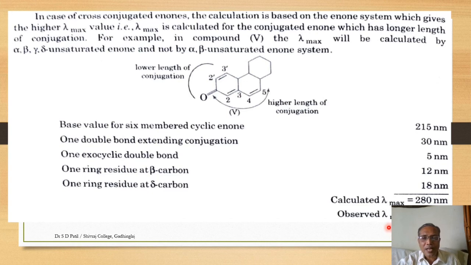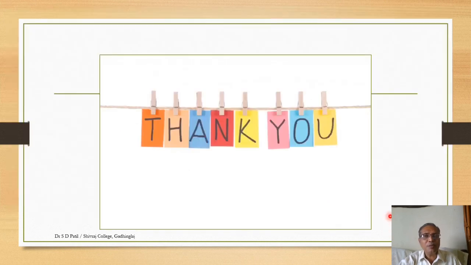So friends, you can go through these problems and write them down in your notebook and practice independently, and then you will be able to calculate various lambda max values for enones. So with this we have finished the second session for the calculation of lambda max.